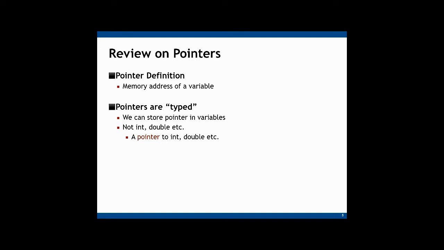For example, a variable of type int stores the actual value of type int, but the int type of pointer stores the memory address where the actual int value is stored.